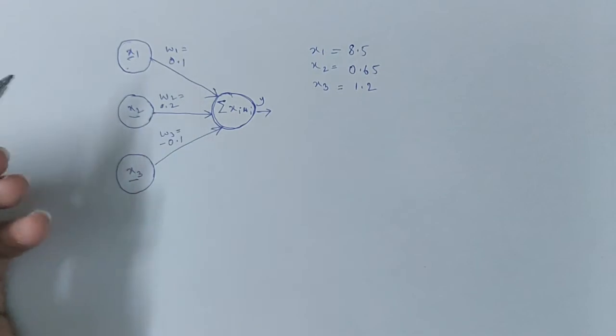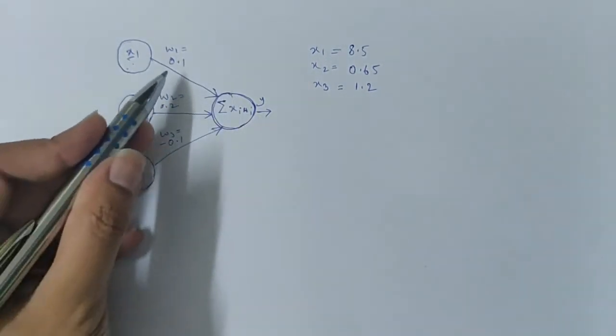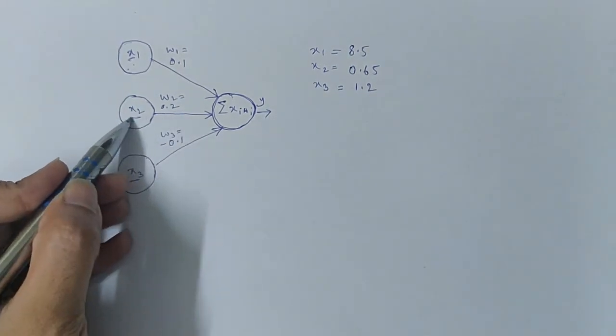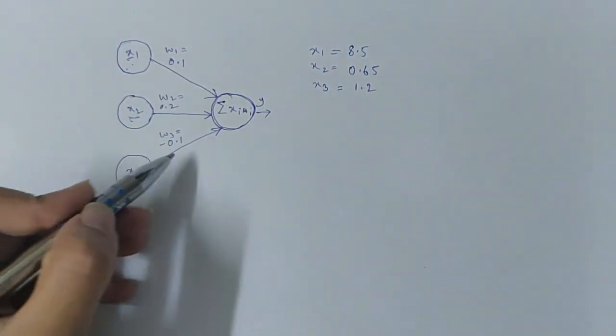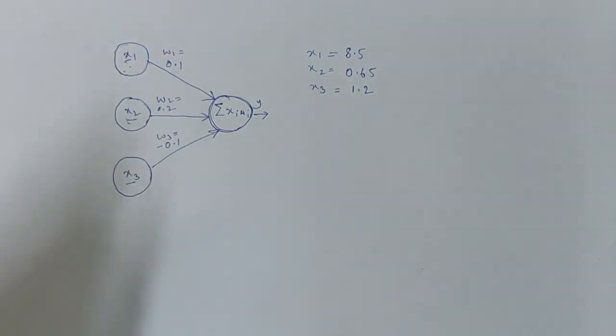We can see in this diagram. The edge connecting x1 to the processing node is w1, that of x2 is w2, and that of x3 is w3. And what does the processing node do?